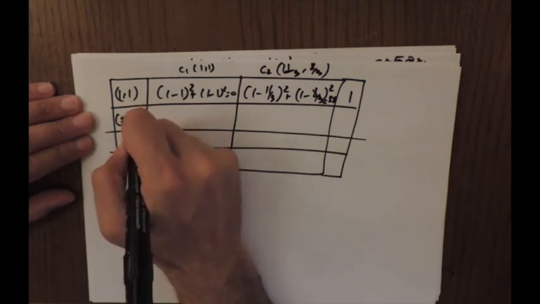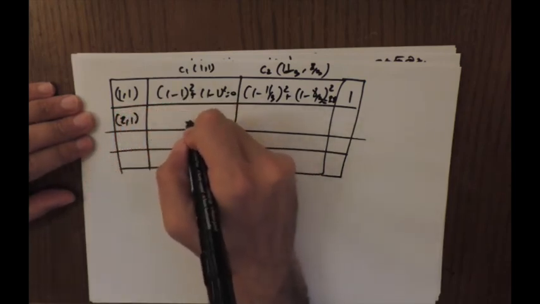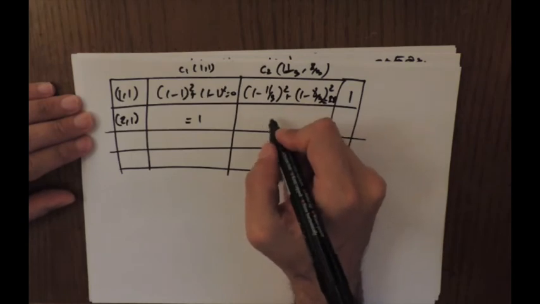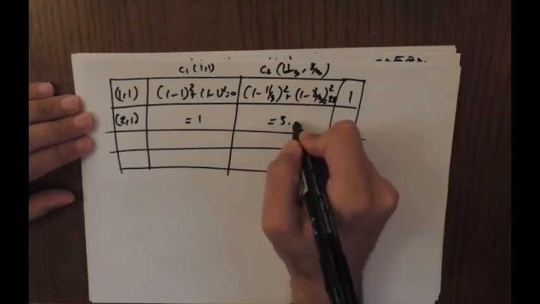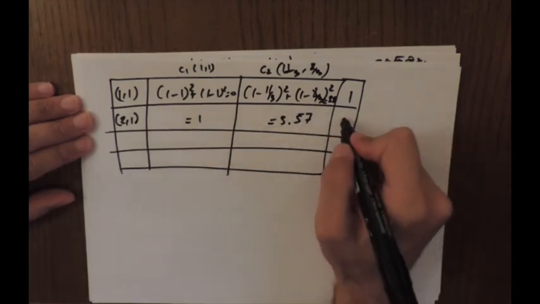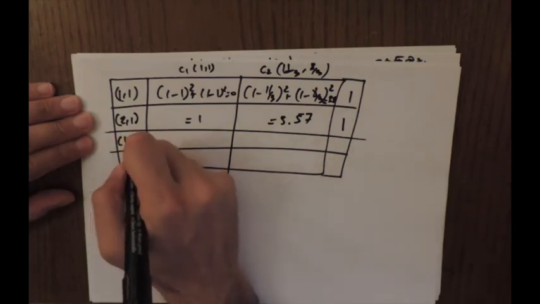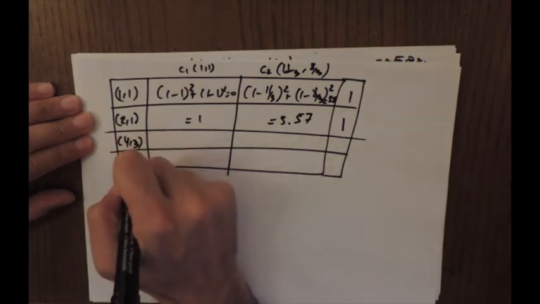I have point 2, (2, 1). Of course, I will have here equal to 1, and this will be equal to 5.57. So I'm going to choose 1. And (4/3, 5/3).